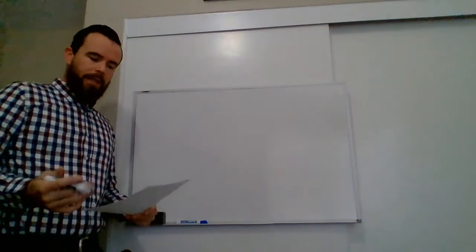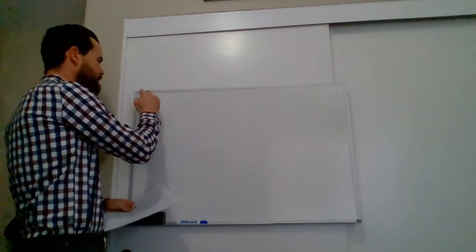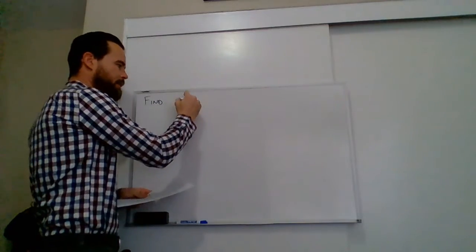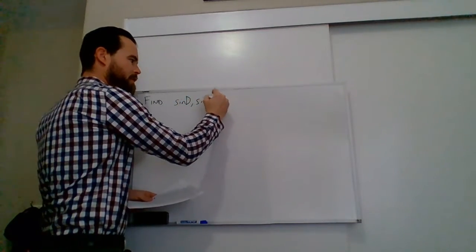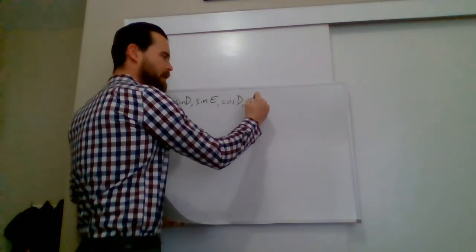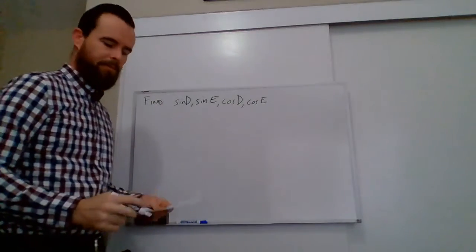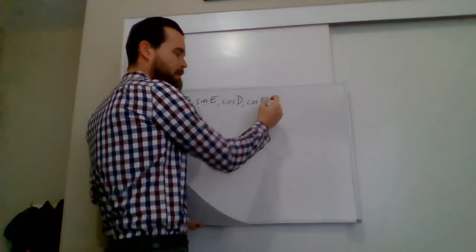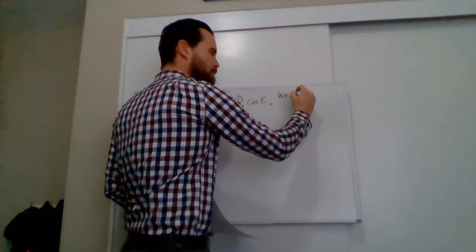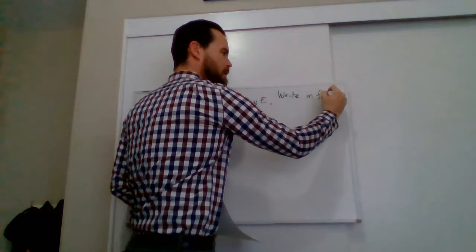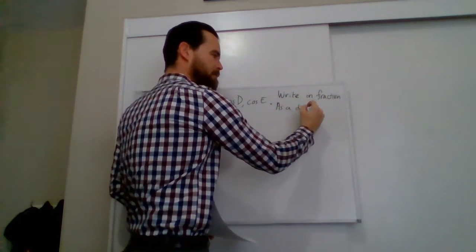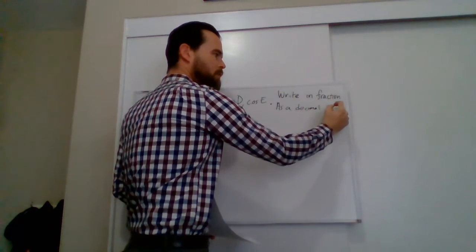The instructions for number 3 and 6 are telling us to find sine of angle D, sine of angle E, cosine of D, and cosine of E. And just like in section 9.4 with the tangent ratio, they want us to write in fraction form, and then also as a decimal to 4 places.